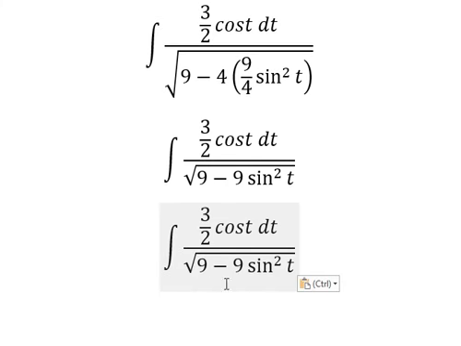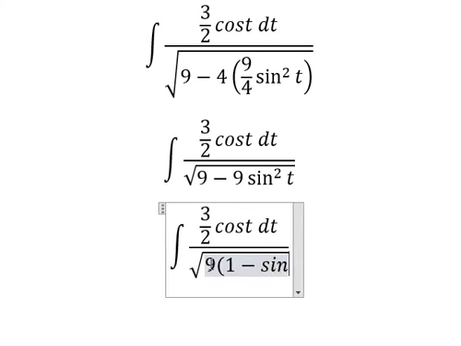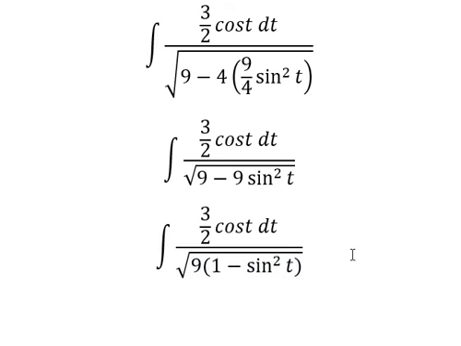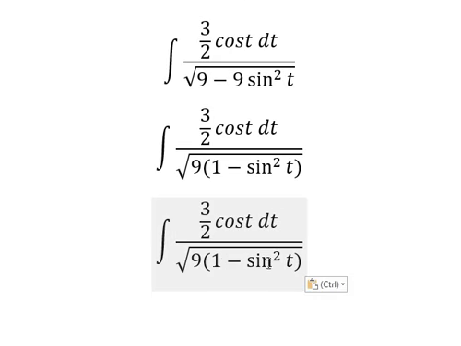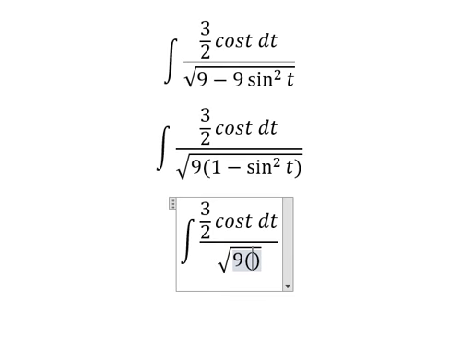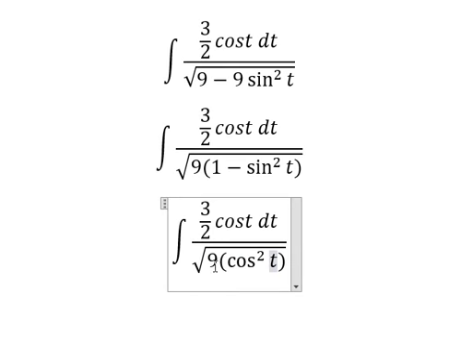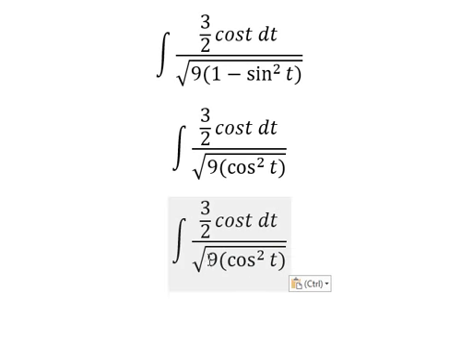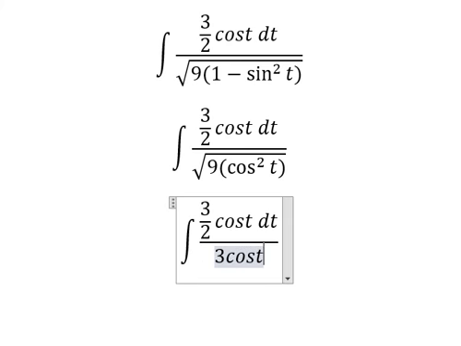The 9 we can factor out. So 1 minus sine squared t, you get cosine squared t. The square root of 9 cosine squared t, you get 3 cosine t.